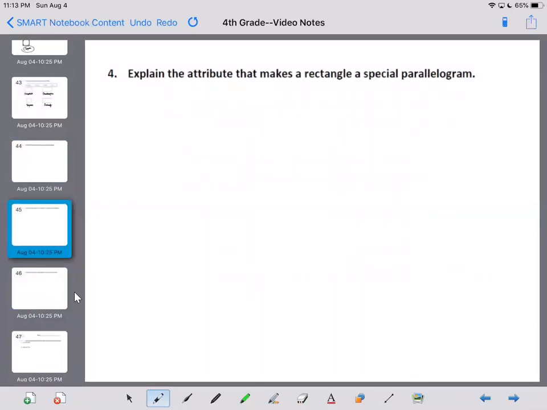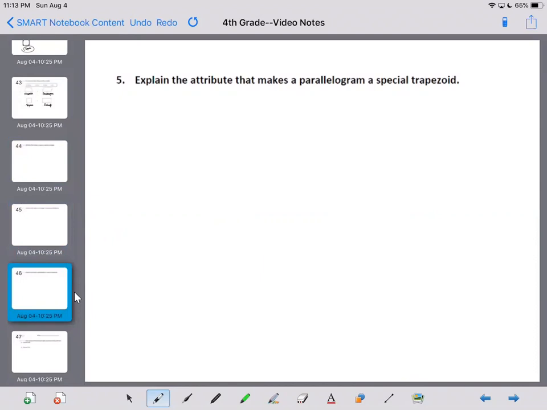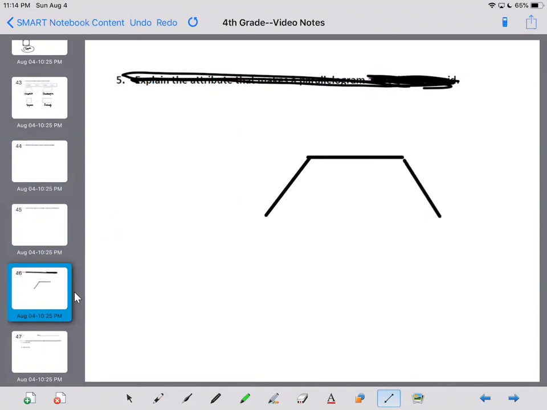And then the last one, explain the attributes that make a parallelogram. And in this case, parallelogram is not really a special trapezoid. My wording is off there. A trapezoid, that's just a bad question. So think about a trapezoid. Trapezoid has exactly 1 pair of parallel sides.